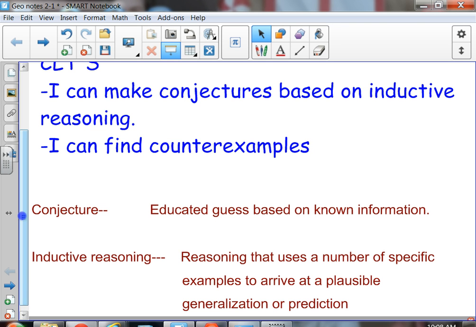Inductive reasoning. Reasoning that uses a number of specific examples to arrive at a plausible generalization or prediction.